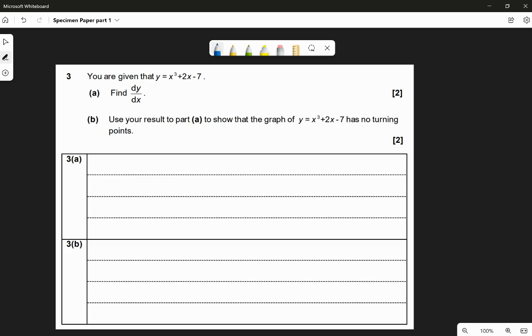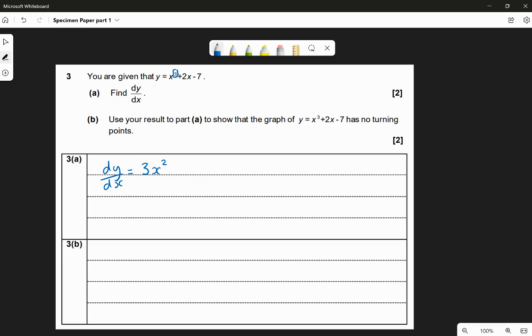So the way we differentiate is we take each term and we bring the old power in front, and then we drop the power by 1. So x cubed, the old power is 3. That comes in front, it becomes 3 lots of x, and then the power drops by 1 from 3 to 2.